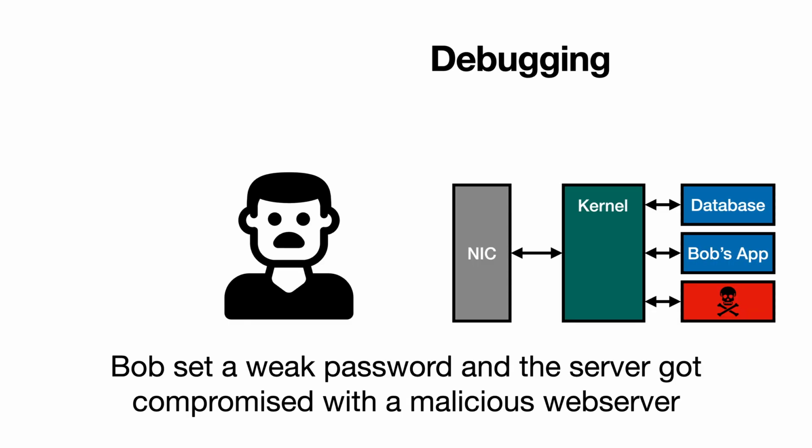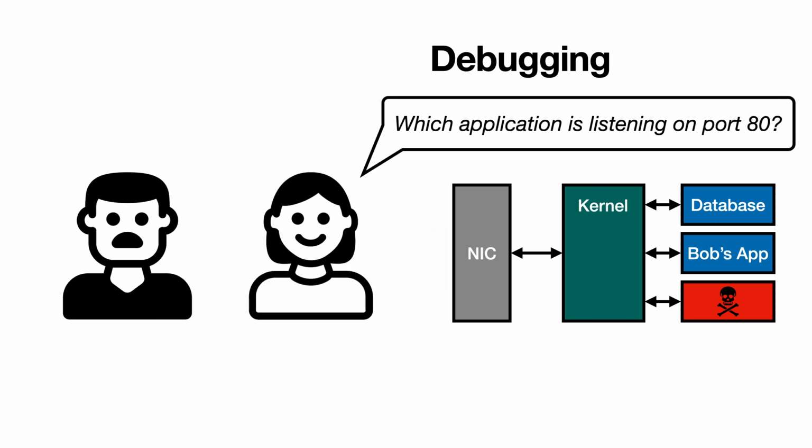But writing a very inefficient application wasn't the only mistake that Bob made. He also set a weak password, and that caused the server to be compromised with a malicious web server. And again, Alice knows what she has to do.